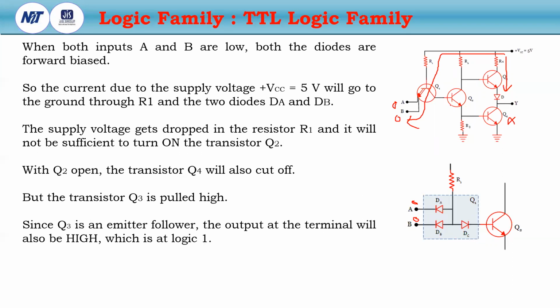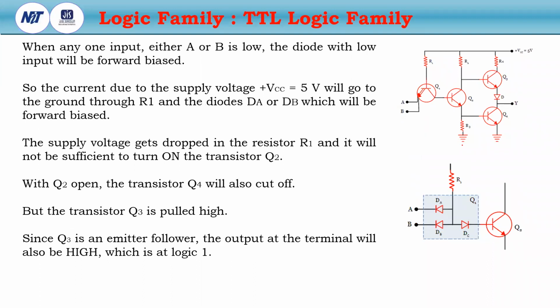So Q2 is open circuited. So Q4 is also open circuited. So due to the emitter follower transistor Q3, the voltage at the output is logic 1. This is the simple operation.